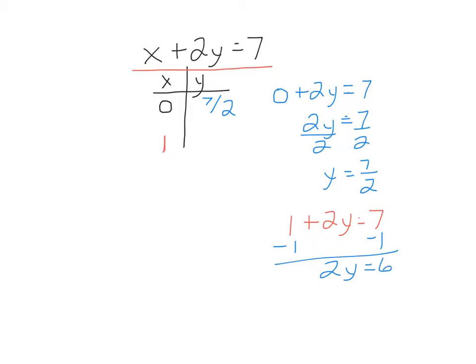And then, dividing both sides by 2, I get y is equal to 3. So another ordered pair does not have fractions, because the ordered pair 1, 3 also works. So just remember that as you're doing this, sometimes as you pick your own numbers, you might end up with fractions.